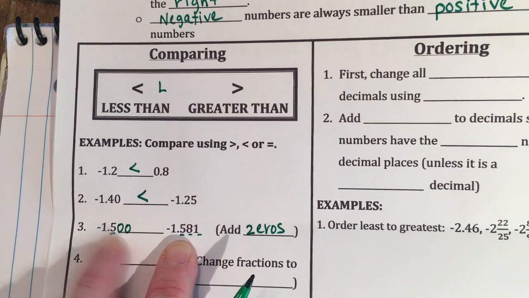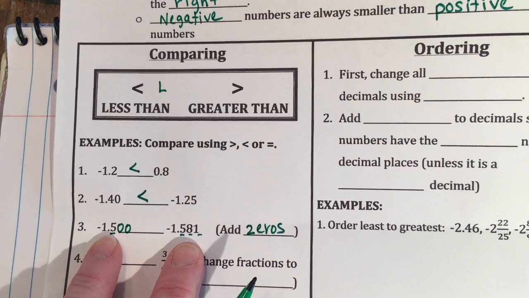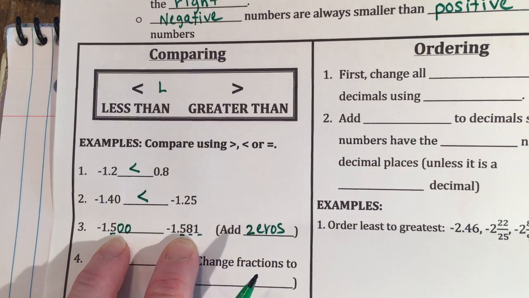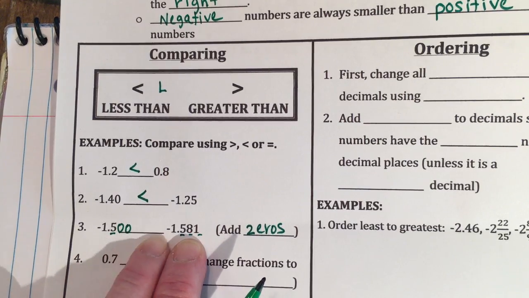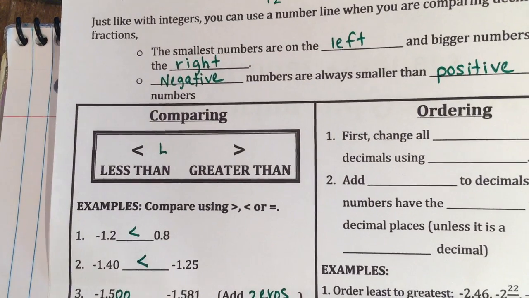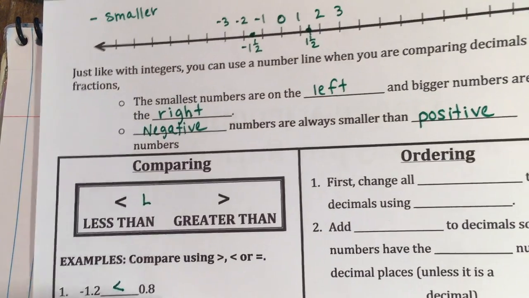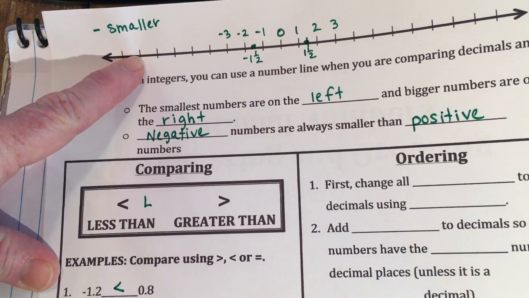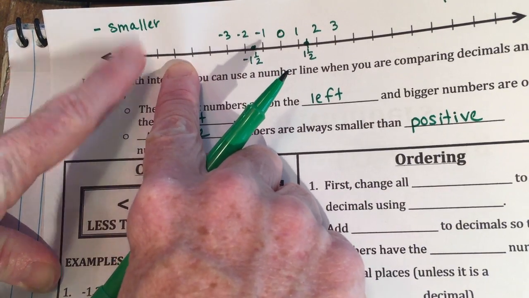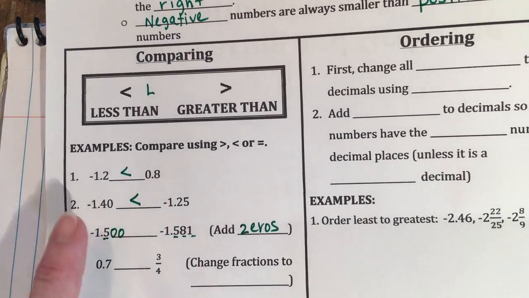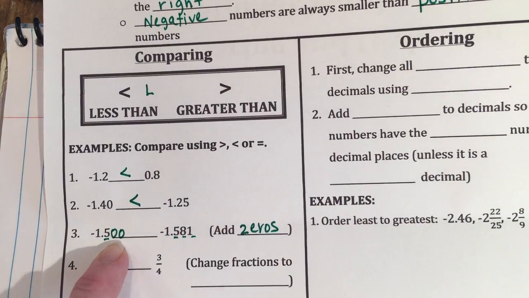So which one's the smallest, this one or this one? Well, if you get rid of the decimal, because I can compare these now without a decimal since they have the same number of decimal places, which one on a number line is -1,581? That's going to be here. Where would -1,500 be? It would be over here. So this one is bigger than this one. So this number here is actually larger, or further to the right.